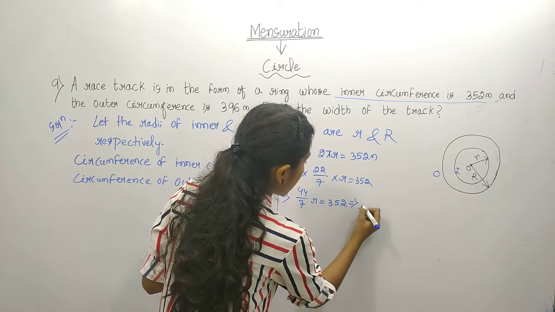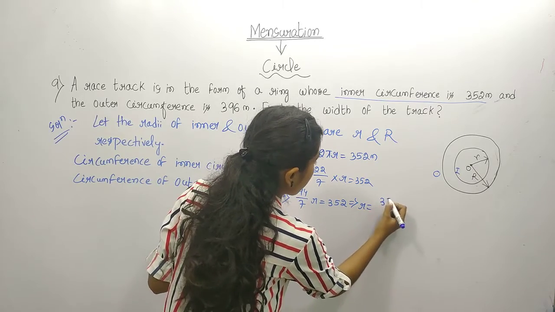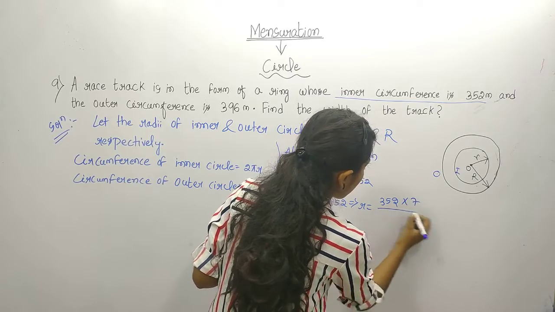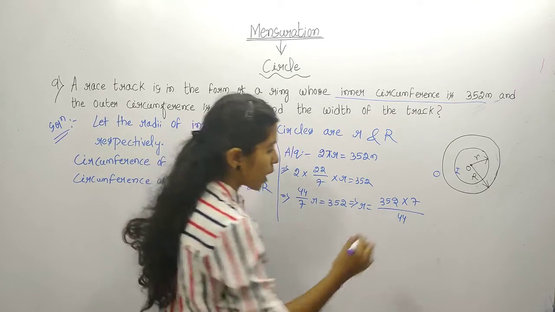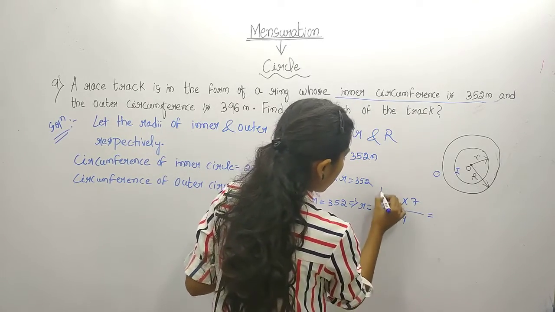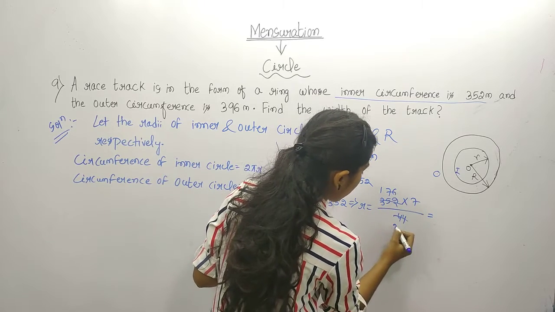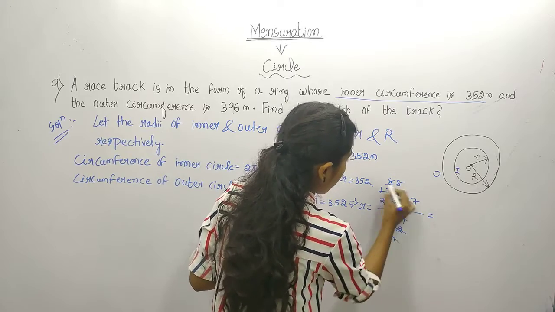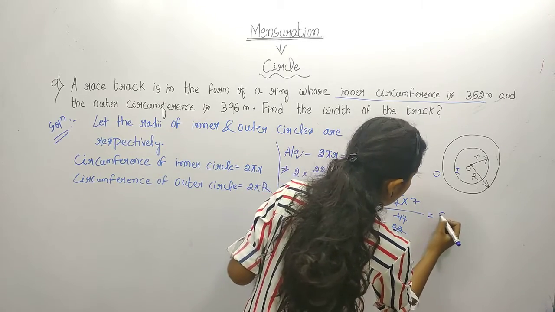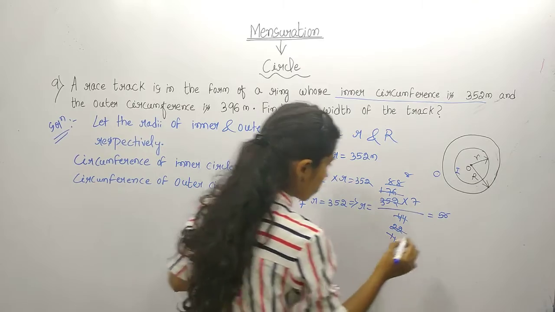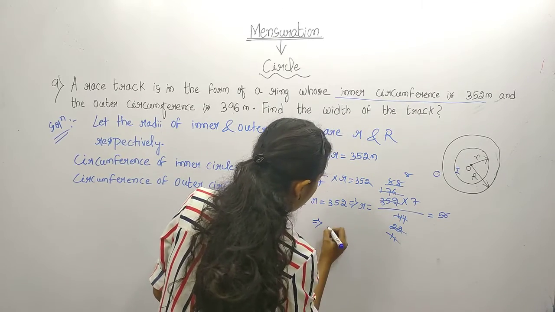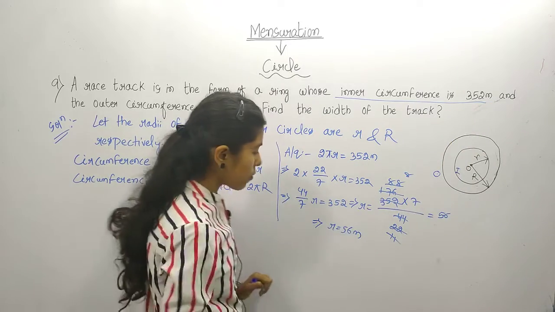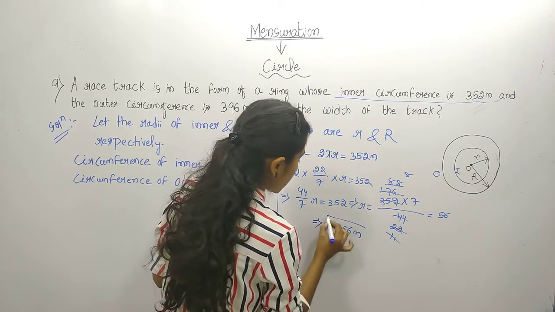So small r equals 352 into 7 divided by 44. How much will it come? 352 divided by 44 is 8. So 7 into 8 is 56. So r equals 56 meter. In the question meter is given, so small r is 56 meter.